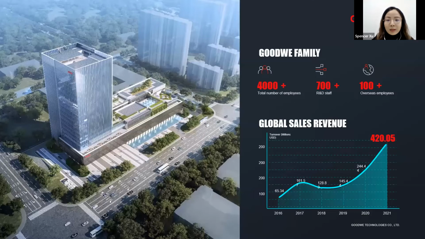The GoodWe family is now a very big family with over 4,000 employees. We put a lot of effort into research and development, with over 700 R&D staff and over 100 overseas employees. Our global sales revenue reached over 420 million USD last year.